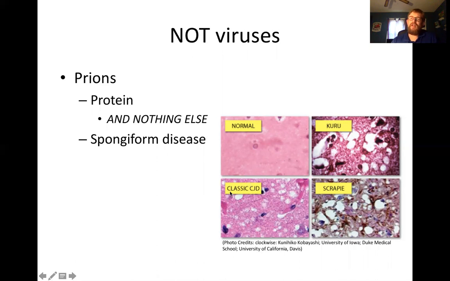This is classic Creutzfeldt-Jakob disease. And if you were to eat meat infected with BSE, bovine spongiform encephalopathy, mad cow disease, right? This is what you develop. There's also a genetic version of this. And this is a common prion disease in sheep populations.